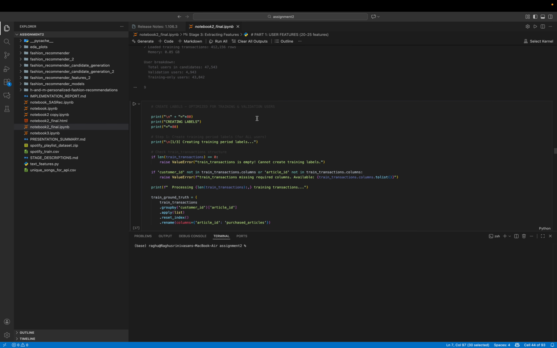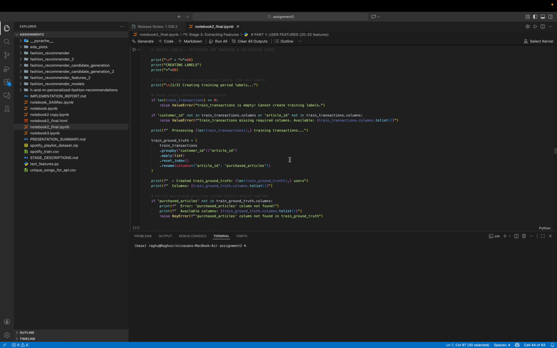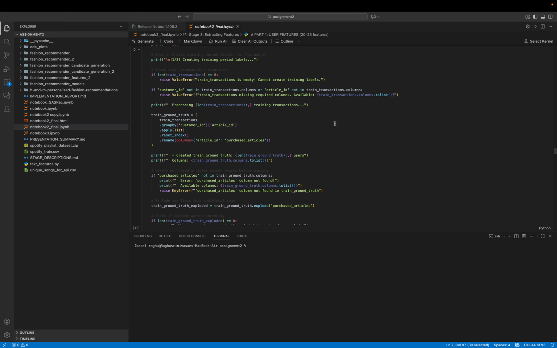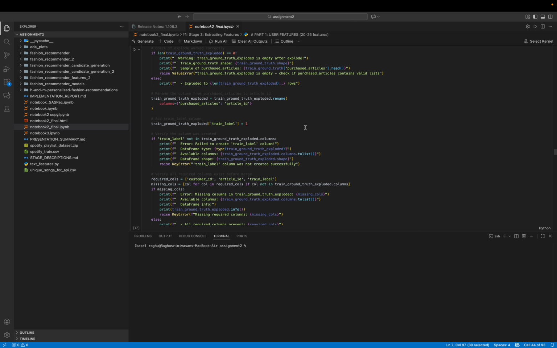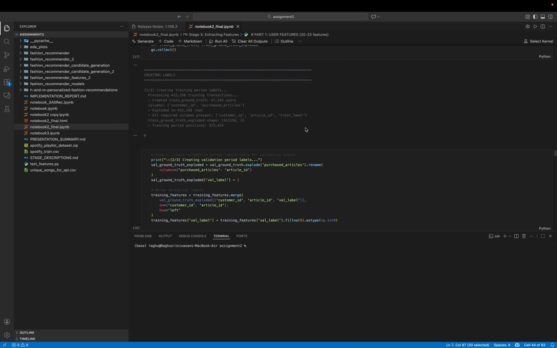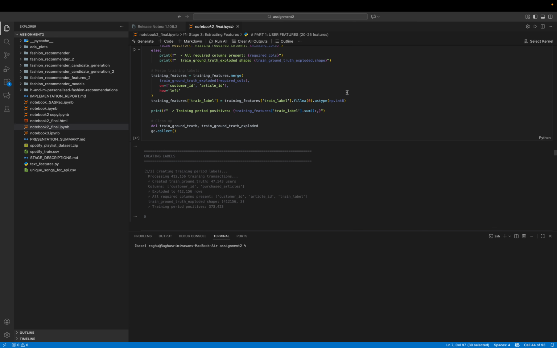So this code essentially takes care of that, prepares the data by generating samples and labeling them with 0 and 1, because most of our tasks are ranking and binary classification tasks for LightGBM, and the neural tower is for binary classification, so we would need data points with labels. So this part of code takes care of that. It also takes care of the negative sampling. So this part of code only creates labels for training data.